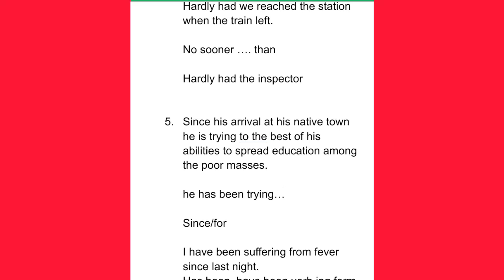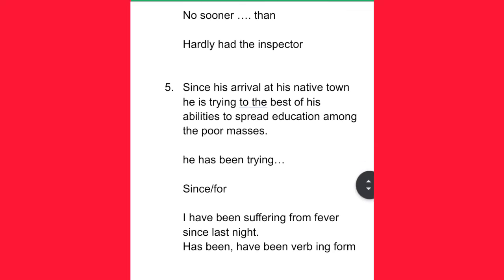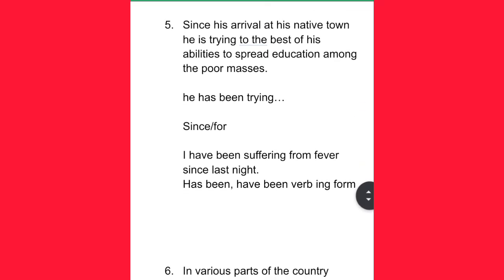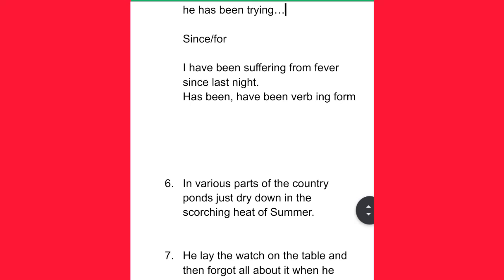So it started in the past, still not over, going on. Therefore, perfect continuous must be used here. Therefore, instead of saying he is trying, we must say he has been trying. Is that clear? Okay. So now we are moving to another sentence.